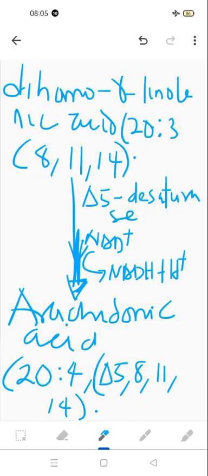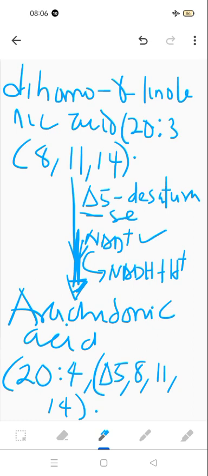On continuation, the dihomogamma linoleic acid that was formed, which is an eicosanoid acid, undergoes desaturation between carbon 5 and 6, so the 2 hydrogens from carbon 5 and carbon 6 are removed in the presence of the enzyme desaturase, catalyzed by NAD plus, and it gives us our arachidonic acid.